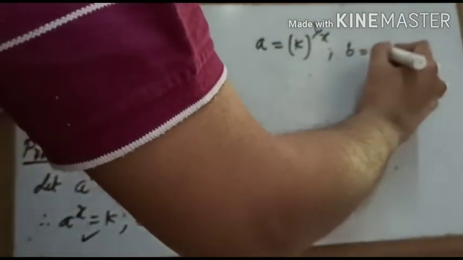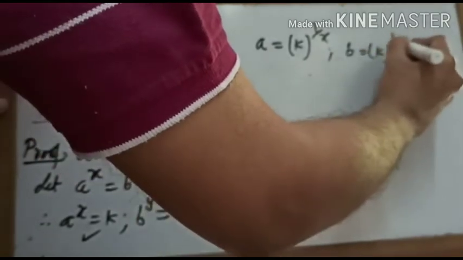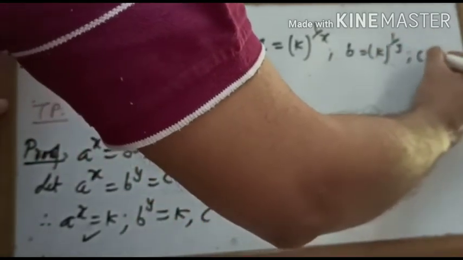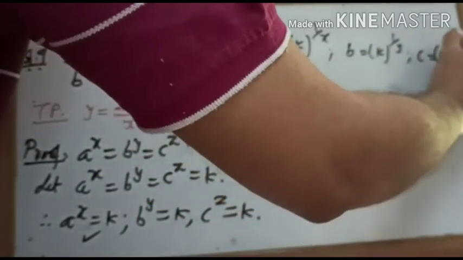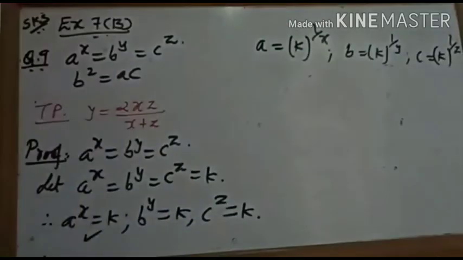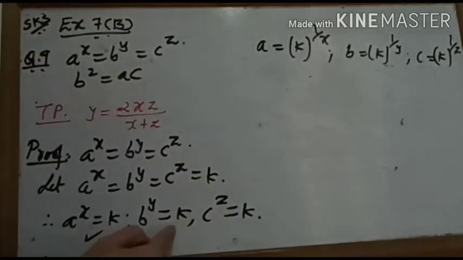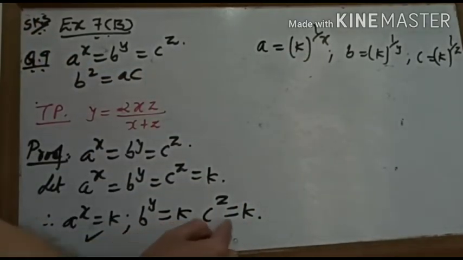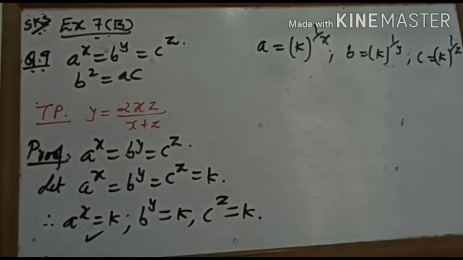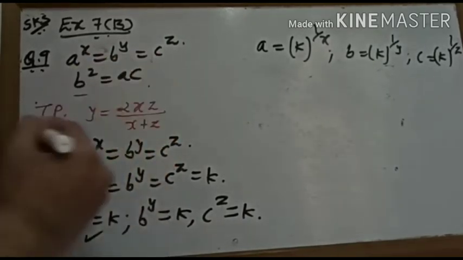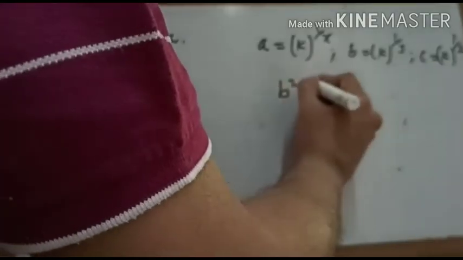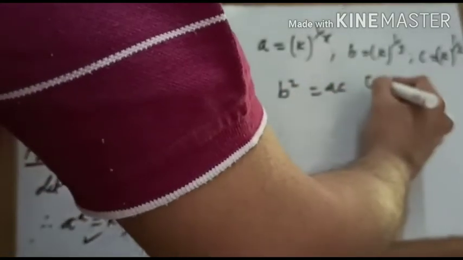B will be equal to k raised to 1 upon y, and c will be equal to k raised to 1 upon z. I have taken the corresponding powers root. Like here it was x power, I have taken x root. Here I have taken y root, and here I have taken z root. Now they have given one more condition, b square equal to ac. So let us write down b square equal to ac. This is given to us.